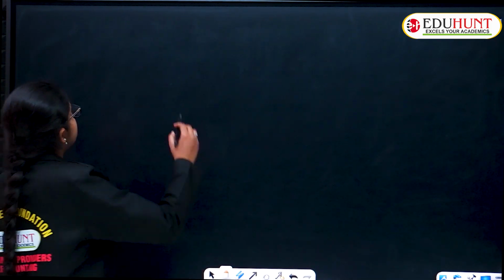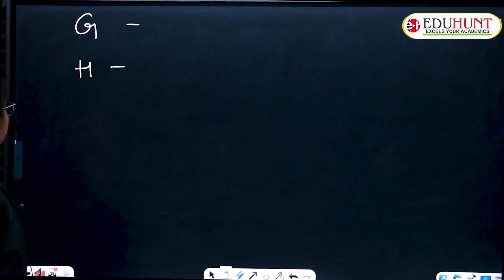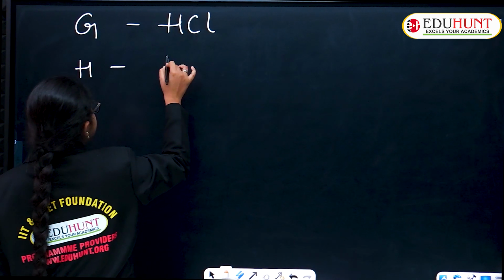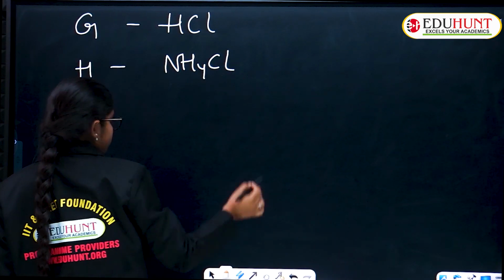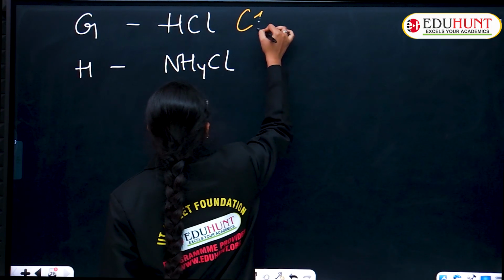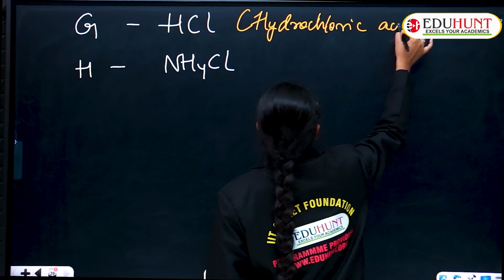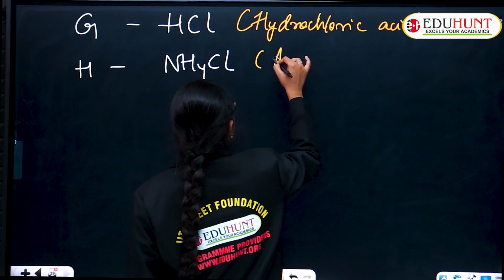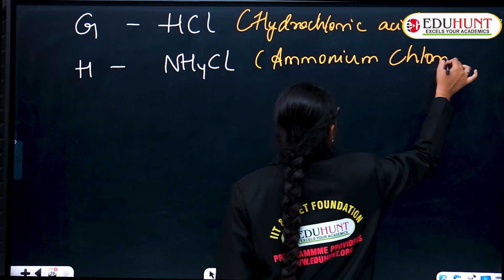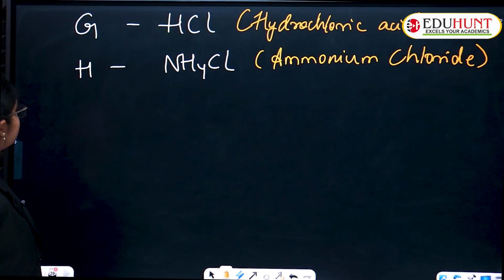H is having white dense fumes, that is nothing but ammonium chloride. What is HCl named? Hydrochloric acid, and this is ammonium chloride. Okay, ammonium chloride. Yes, yes.